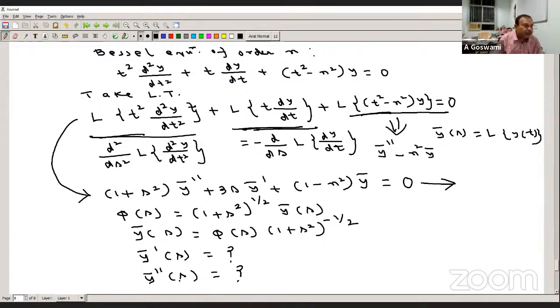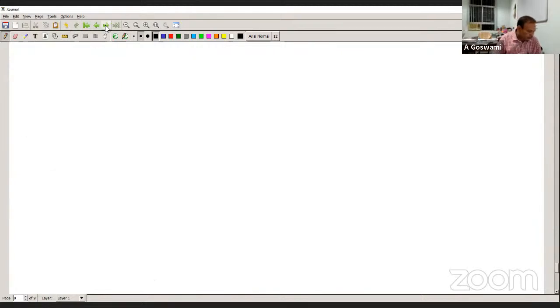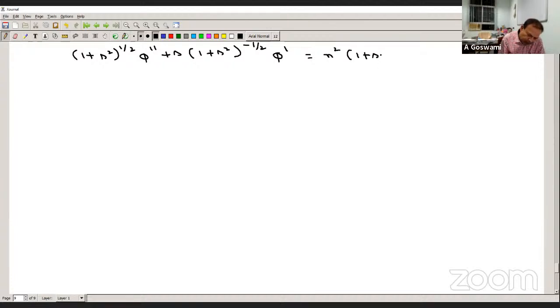If you substitute this in that equation, what you will obtain is that 1 plus s square to the power half into phi double dash plus s into 1 plus s square to the power minus half into phi dash equals n square into 1 plus s square to the power minus half into phi.